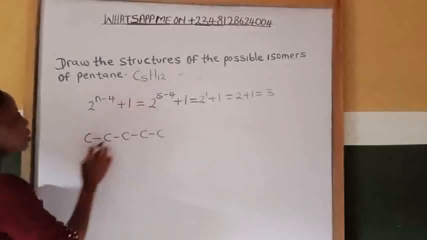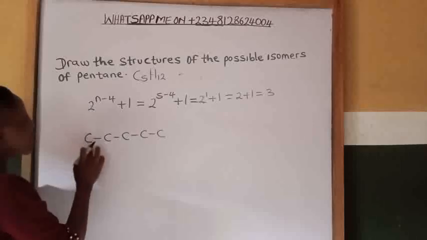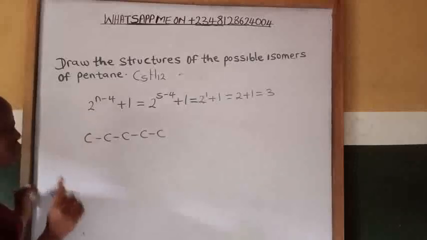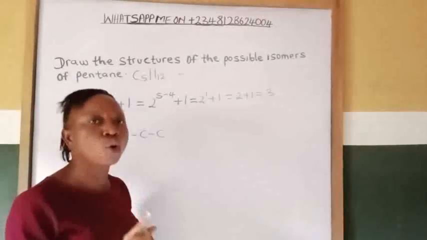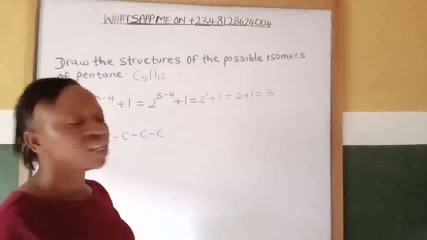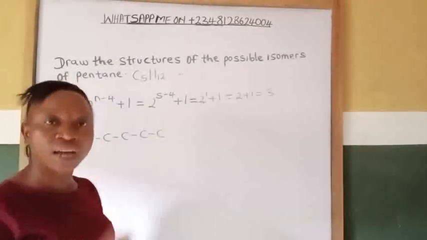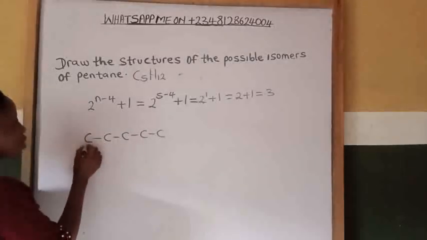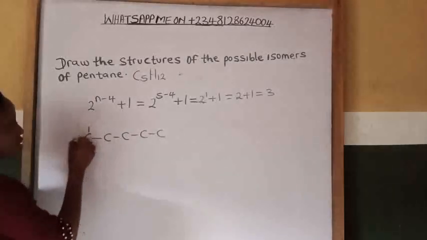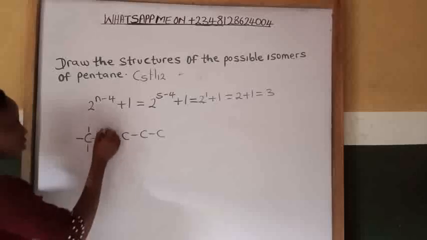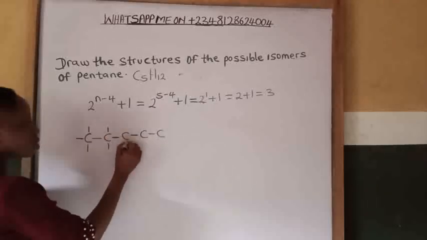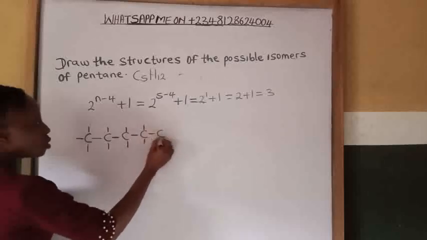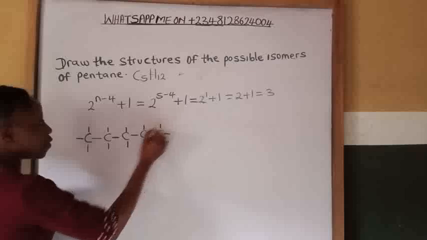After that, you fill each carbon atom with chemical bonds, because in organic chemistry each carbon atom must be surrounded by 4 chemical bonds. So we surround each carbon atom: 1, 2, 3, 4 for each.